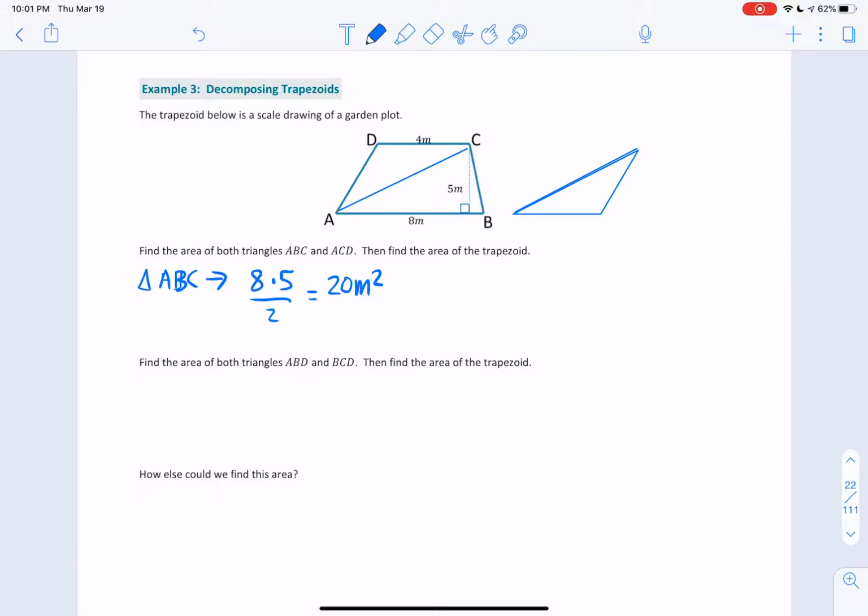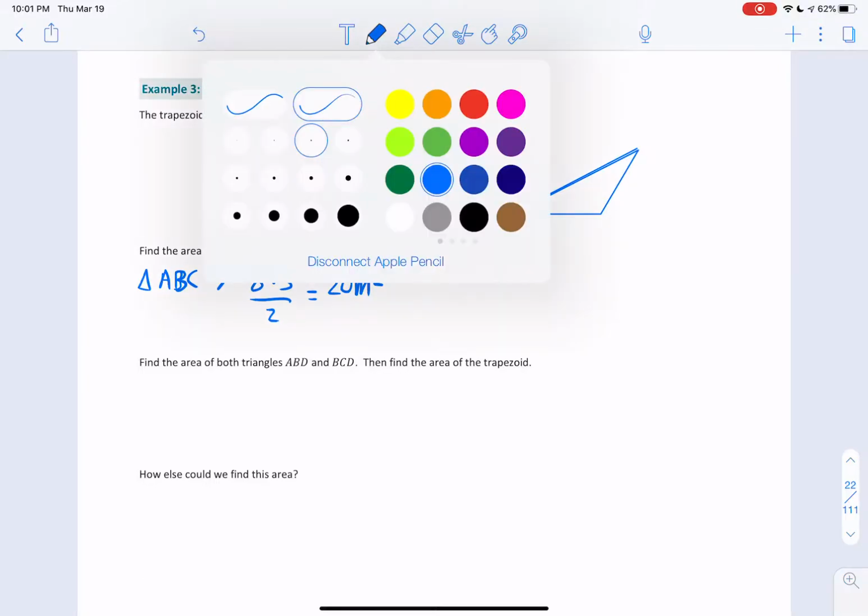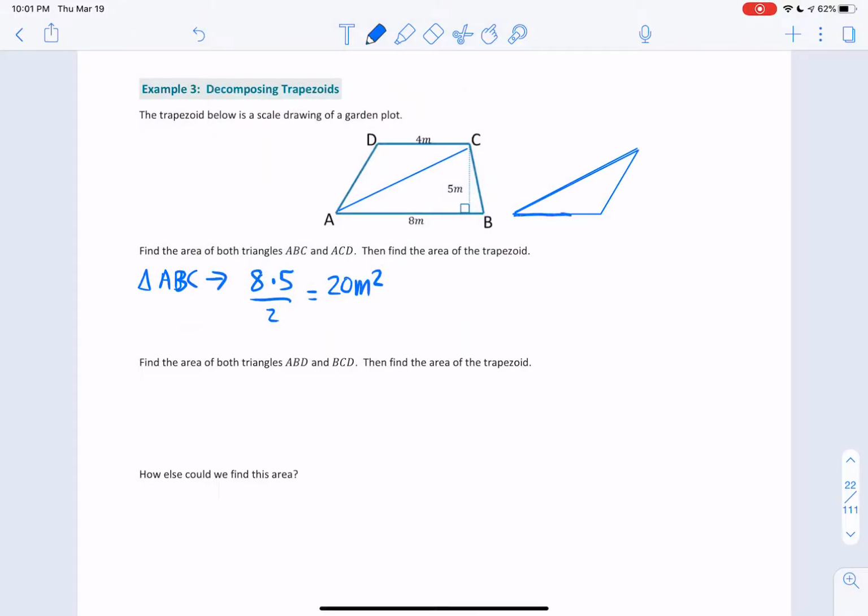This bottom section right here used to be this section right here. So that's 4. The height is thinking upside down, going from there straight down. And it matches this. It's 5.